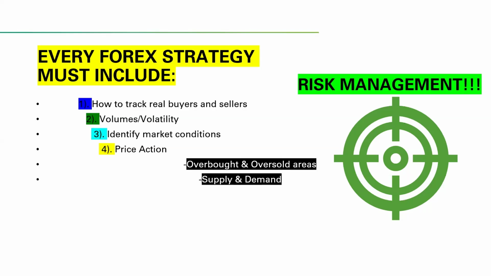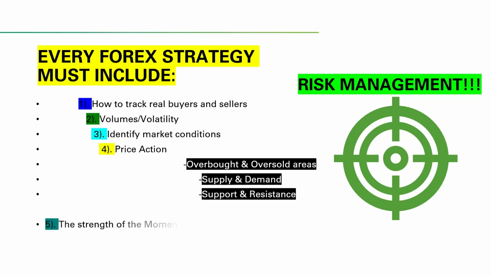Okay. You also need to be able to track volumes and volatility. And you also need to be able to identify the market conditions. I'll talk about those market conditions in just a second here. And price action. So price action is very important when it comes to Forex.